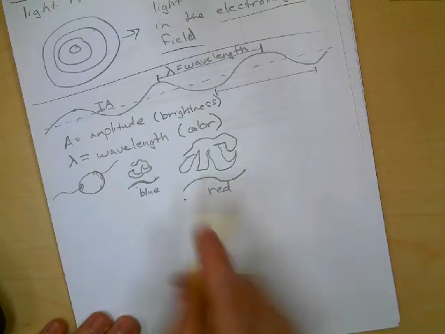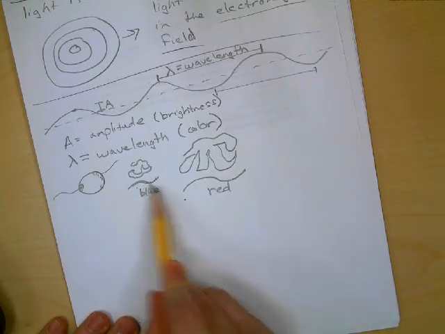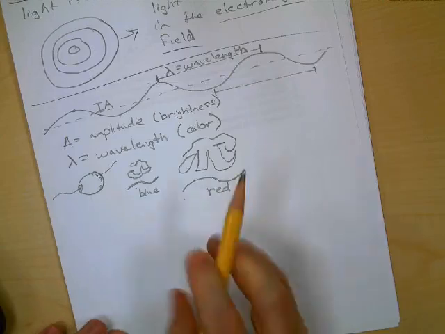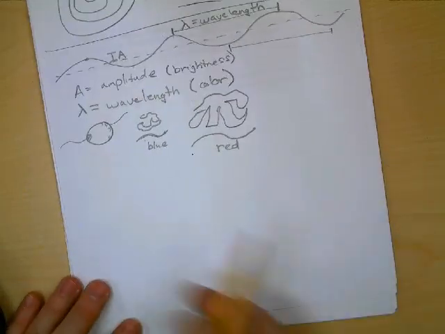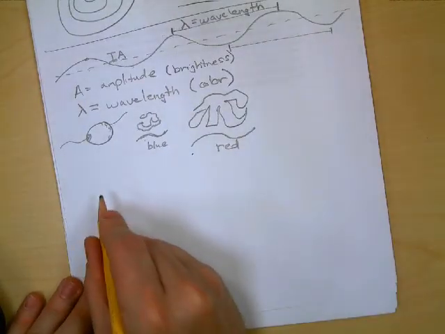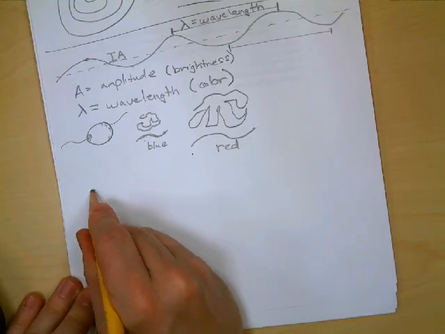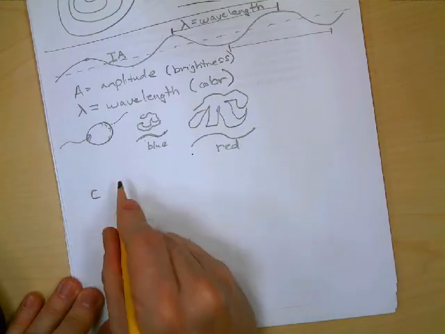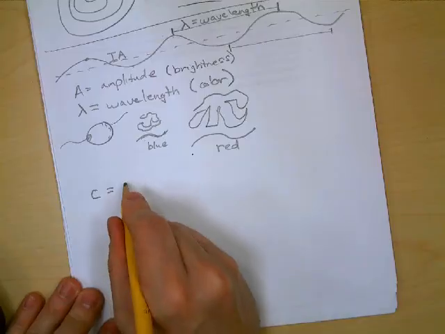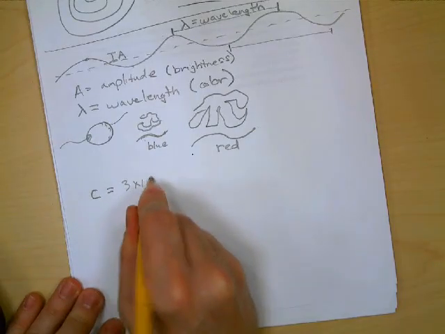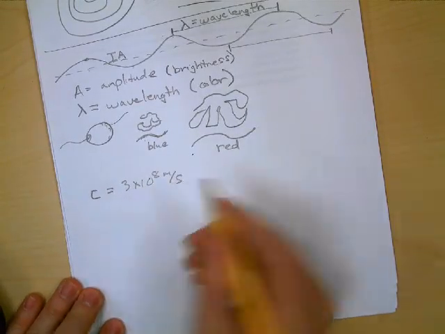Regardless of whether it's a little tiny blue light, or a big long red piece of light, or any other color, we find that all of the different colors have the same speed. And we're going to use this letter for speed, that C is the speed of light. And all of them travel this speed, 3 times 10 to the 8th meters per second, no matter what.